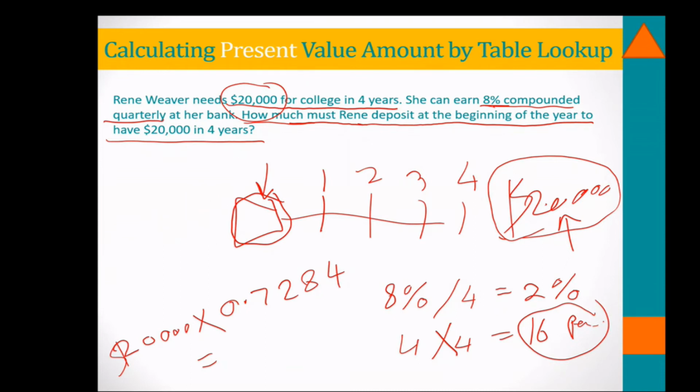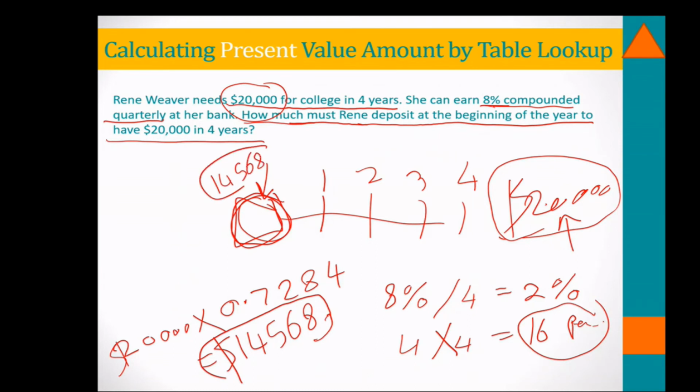The answer is 14,568. So if she invests this amount today, 14,568, after 4 years she will get $20,000.